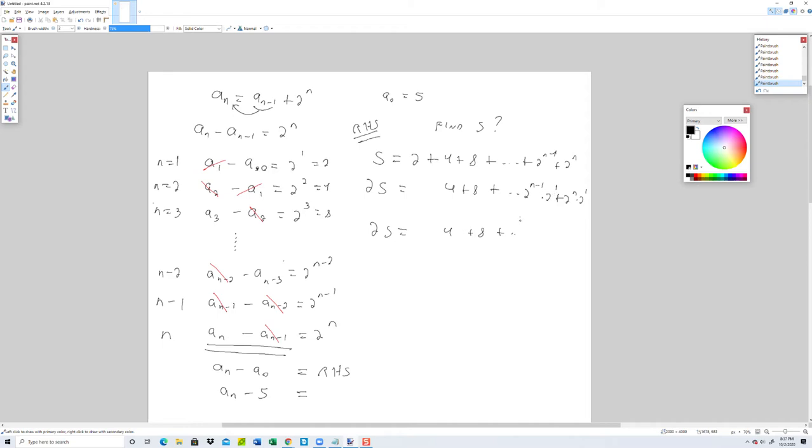So negative 1 plus 1 cancels, and I get 2 to the n. And this one would be 2 to the n times 2 to the first. I add the exponents. That's n plus 1. Now I'm going to be subtracting this other one. So I get S is equal to 2 plus 4 plus 8 all the way up to 2 to the n.